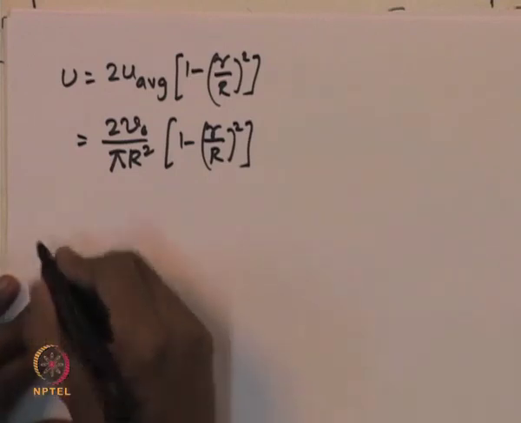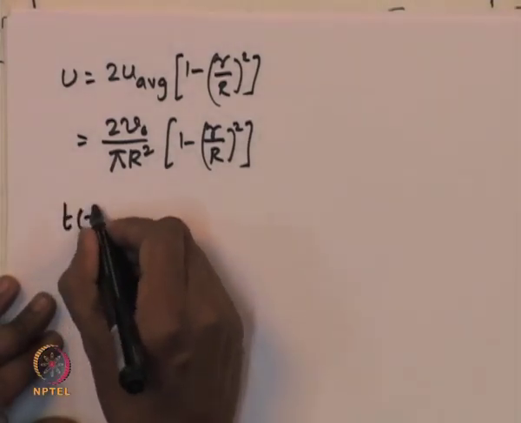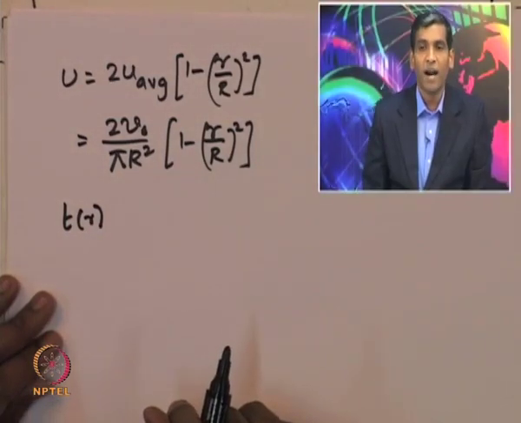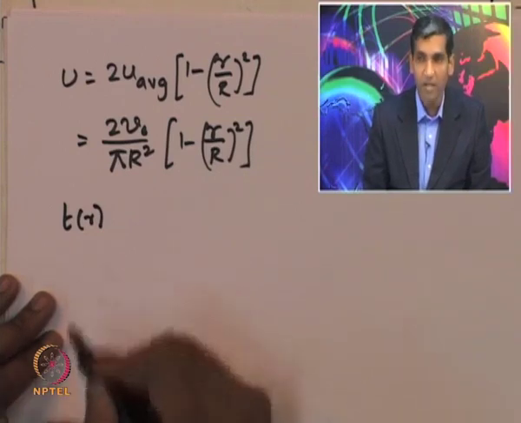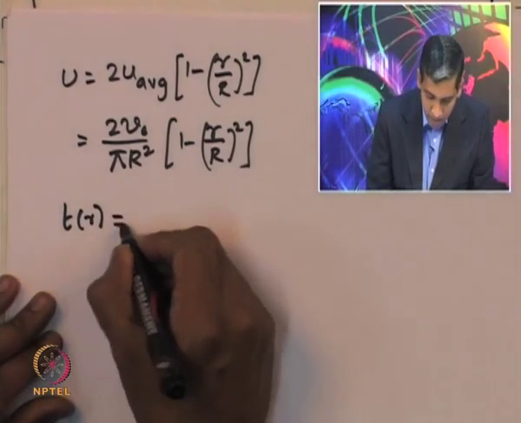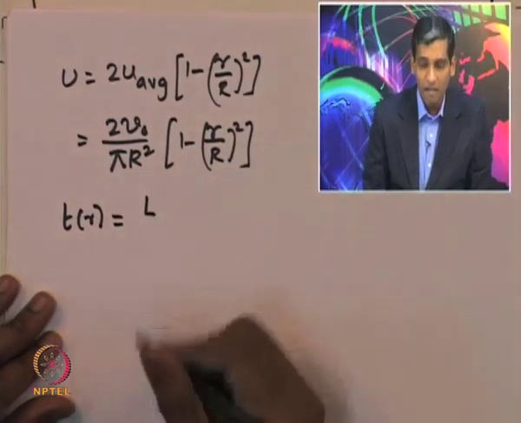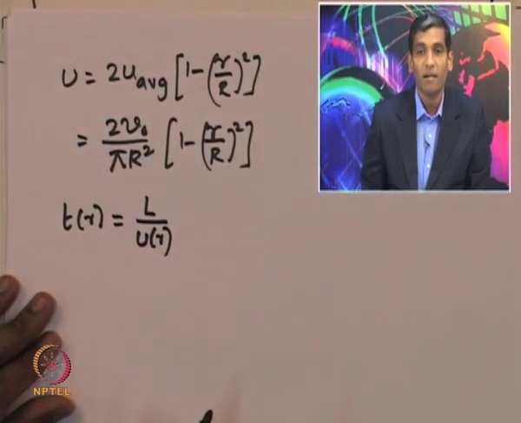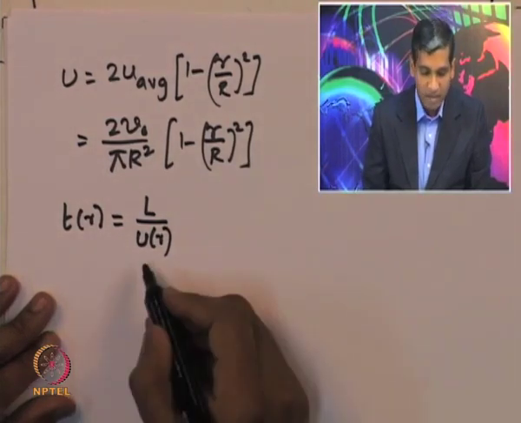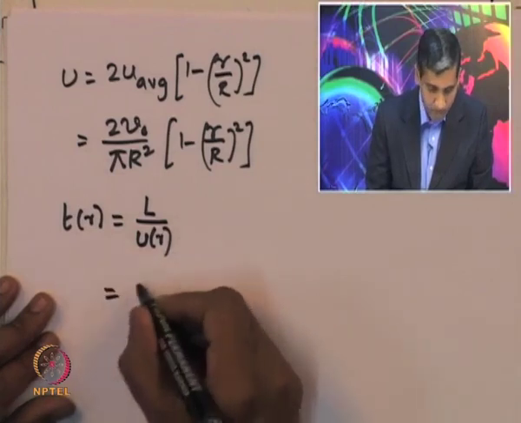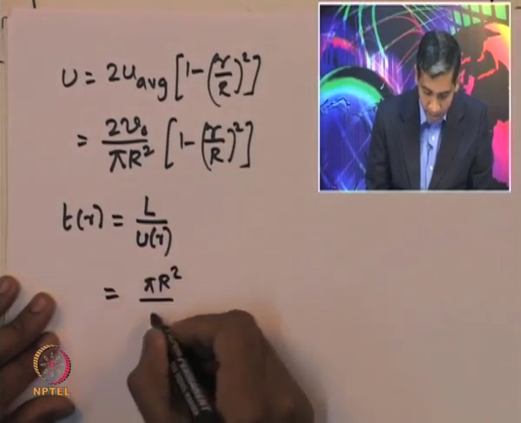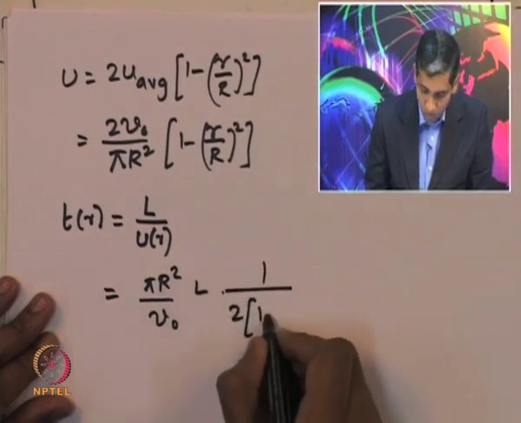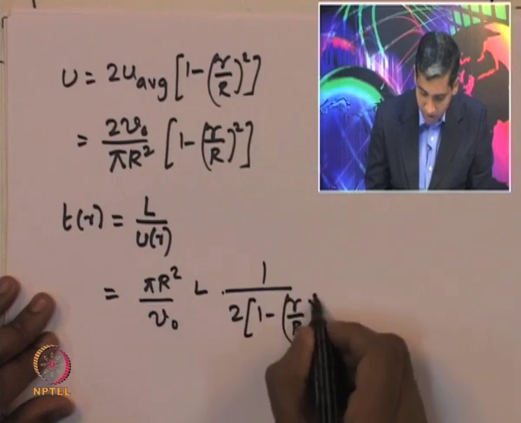So, that is the expression for the velocity with which the fluid is flowing as a function of the radial position. Now, we can estimate the time that is spent by the fluid particles entering at a given location r. That is given by the length of the reactor L divided by the velocity with which the fluid is flowing at that radial location r, which is u of r, and that is given by pi R square by V naught into L into 1 by 2 times 1 minus r by R the whole square.